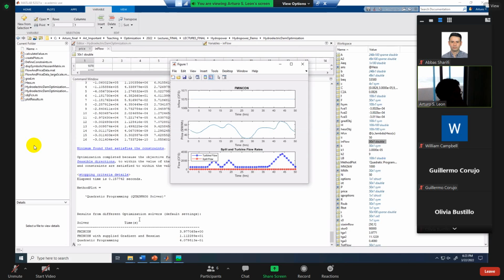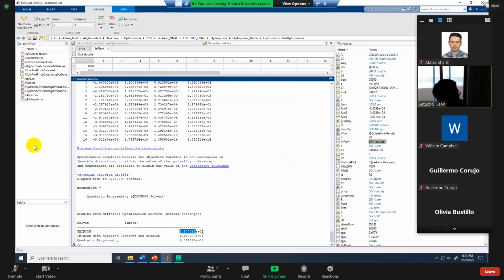Okay. So guys, this is the computation time. As you can see, the fmincon takes 4 seconds. The fmincon with supplied gradient and Hessian takes 11 seconds.